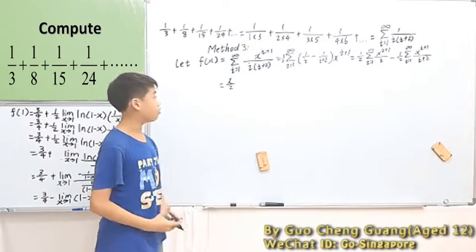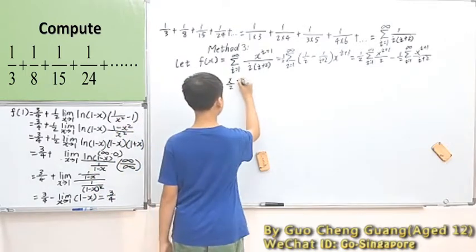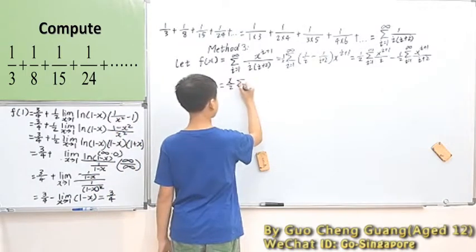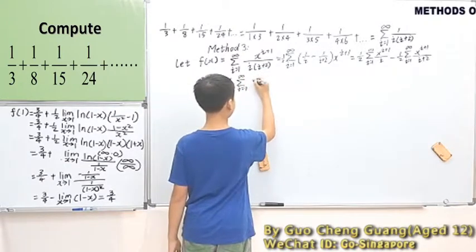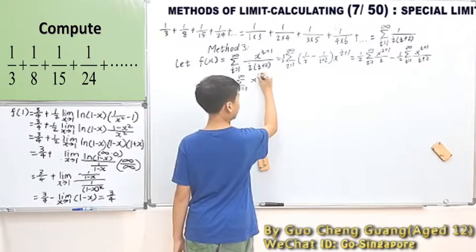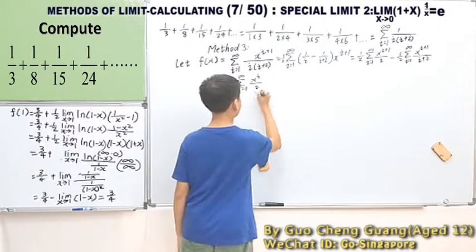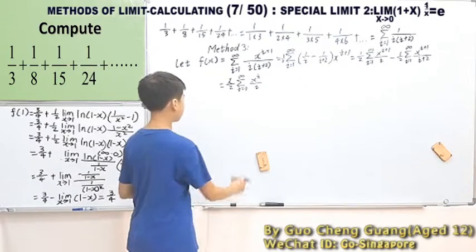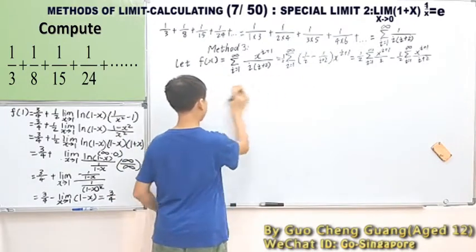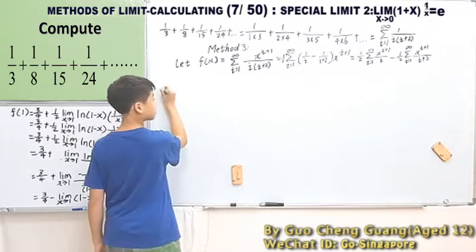Then this is x over 2. Then this part, sigma, i goes from 1 to infinity. Then you have x to the power of i, then over i. Okay, so this part I can write in front so that later we'll have space.